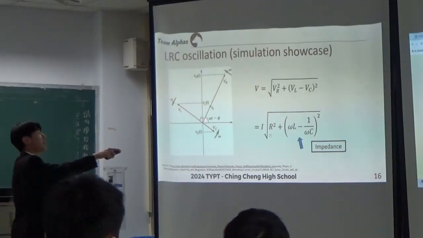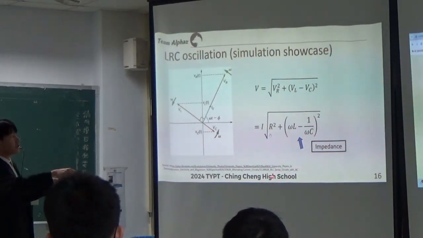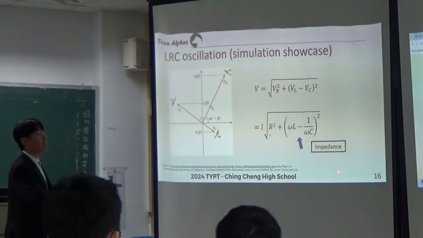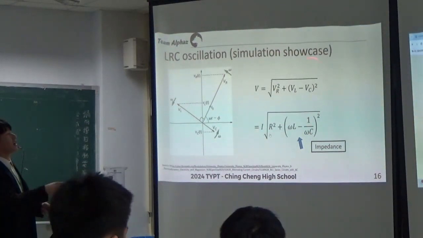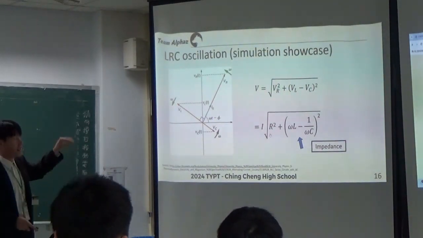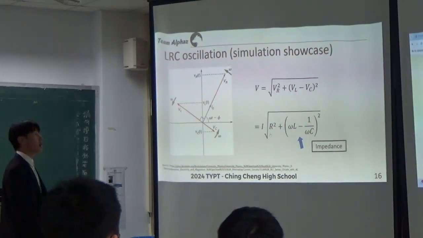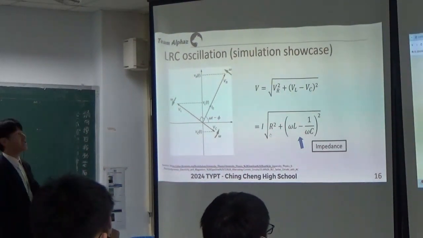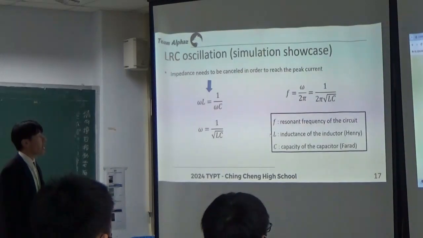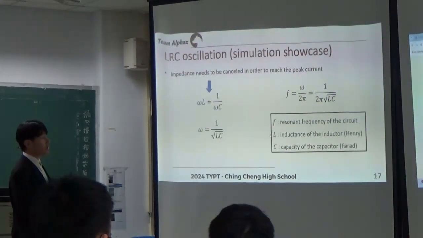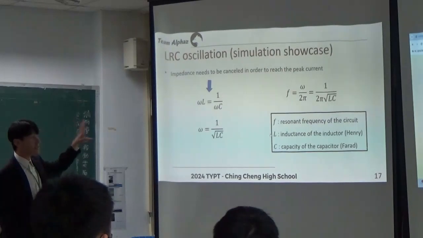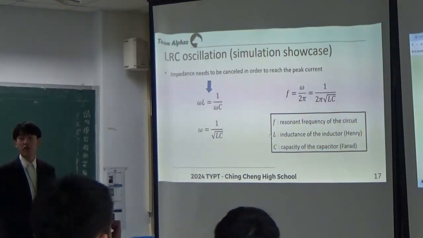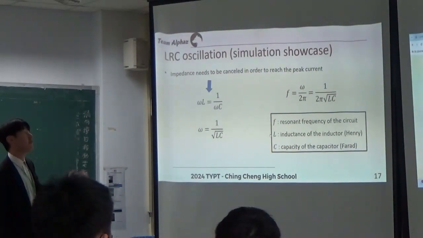The capacitor has a positive 90 degree change and the inductor a negative 90 degree change, which leads to an impedance in the instantaneous voltage calculation. This will be the most important factor today related to resonance frequency. So when the circuit is at resonance, the impedance needs to be cancelled so that the voltage can reach the maximum value.